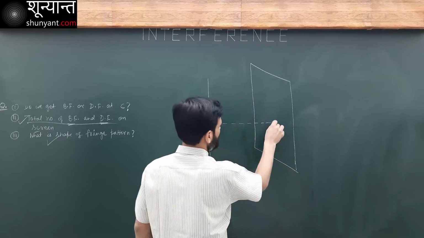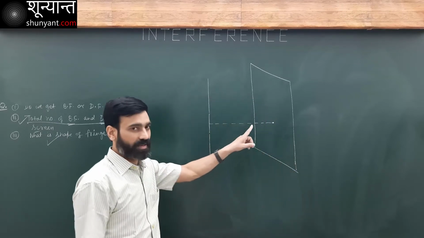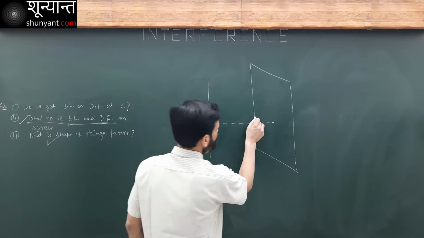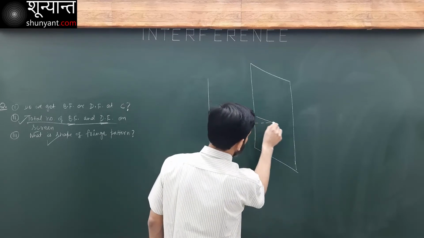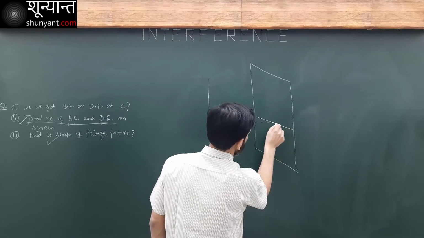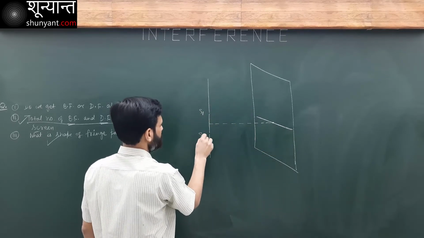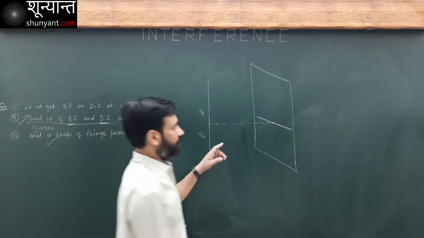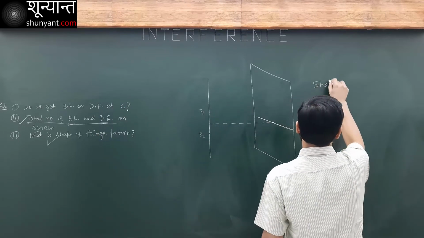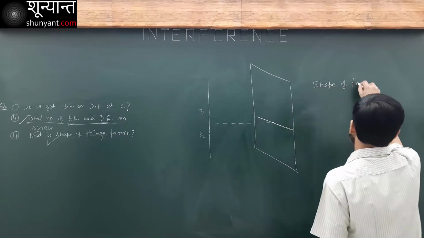You see, this is my center. Every point along a line here is going to be at the same distance. This is S1 and this is S2. Now, the shape of this pattern.